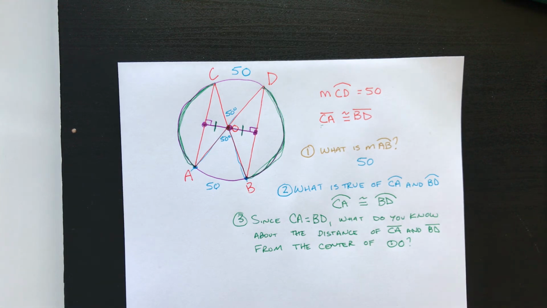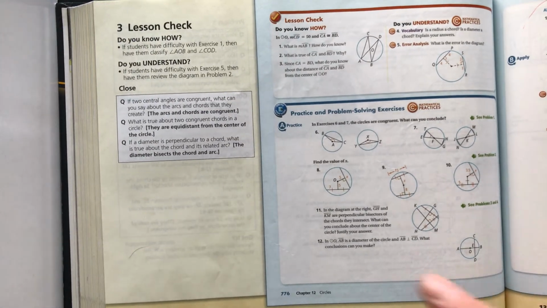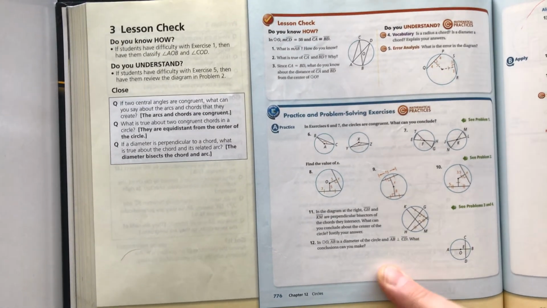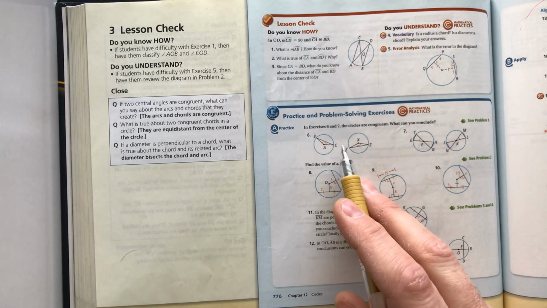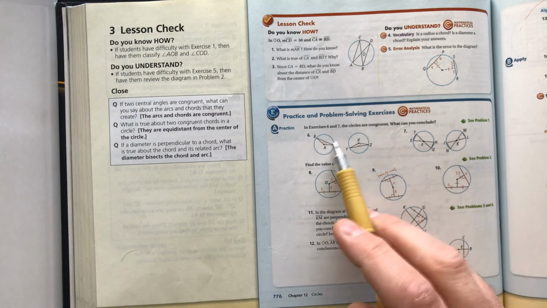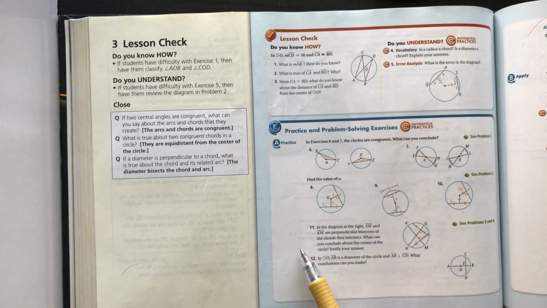So I did these first 3 problems, all right? If you take a look at the book, all right, this is the pages in the book now. We have these problems that are just going to ask you to conclude something. What do you know from the given information? Okay?